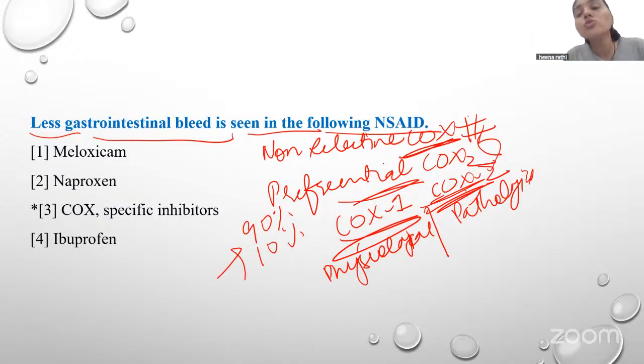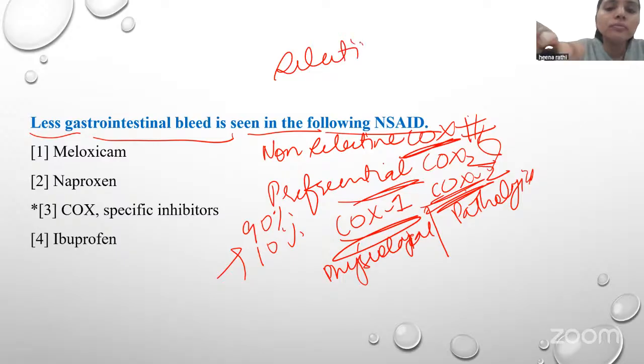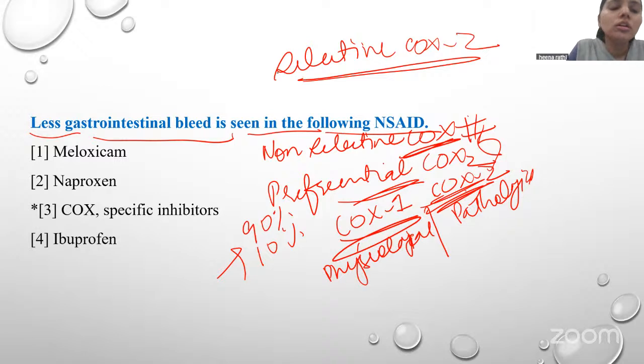So it also shows thromboxane synthase inhibition, but the selective COX-2 does not show. Selective COX-2 inhibitors are celecoxib, rofecoxib, etoricoxib. So the answer is selective COX-2 inhibitors.